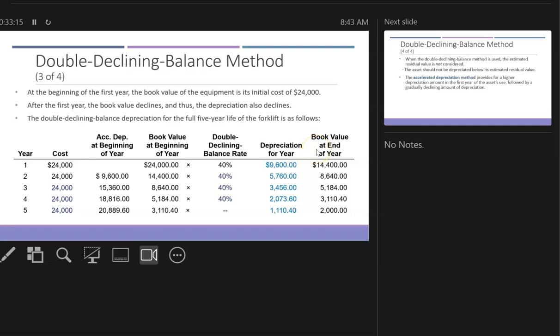We then take the $14,400 times 40%. See what we're doing? We're taking the new book value times 40% to then, for year 2, get $5,760.